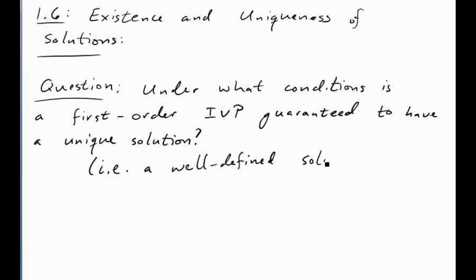So it doesn't have to be something that we can necessarily find analytically. It doesn't have to be something that we can boil down in terms of elementary formulas like sine, cosine, e to the x, or polynomials, but rather we're just asking in the abstract, when is there actually guaranteed to only be one solution curve that fits these criteria?